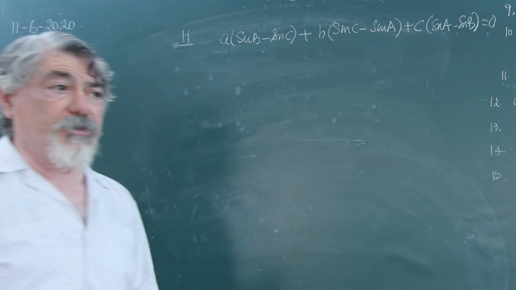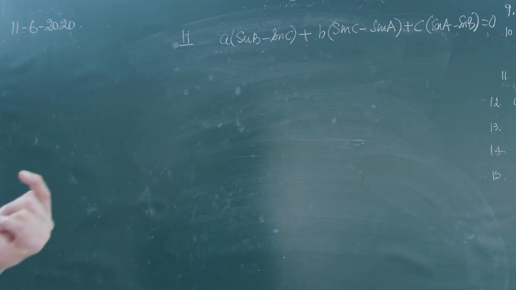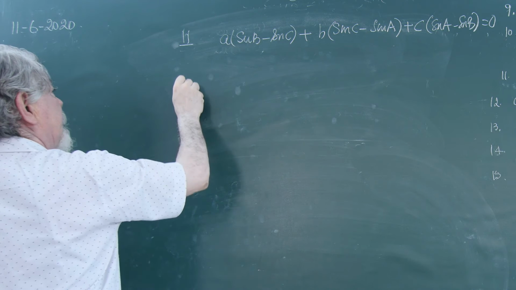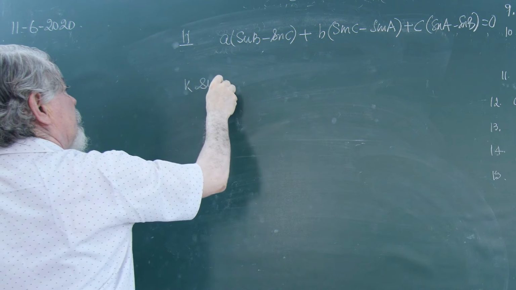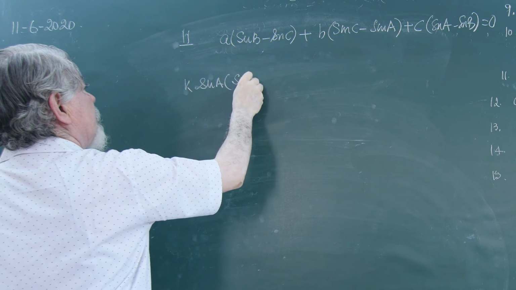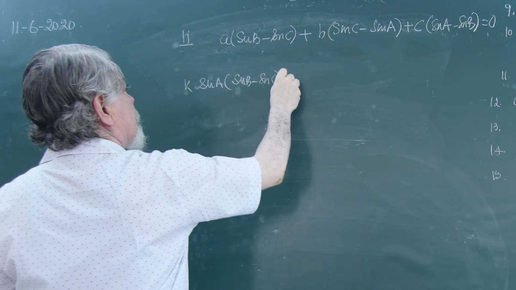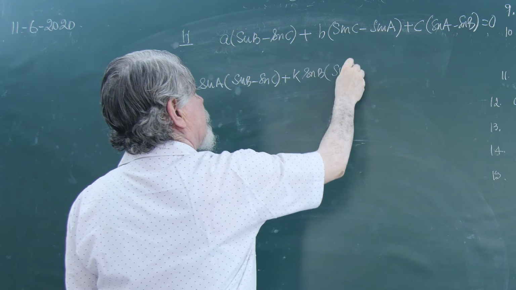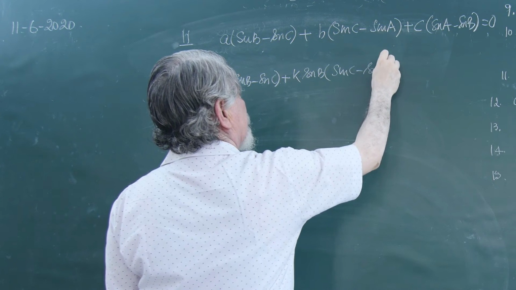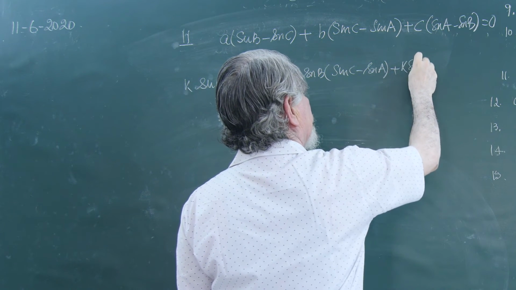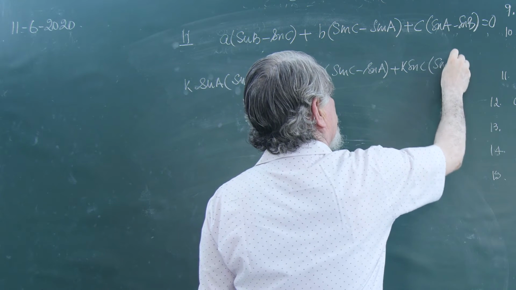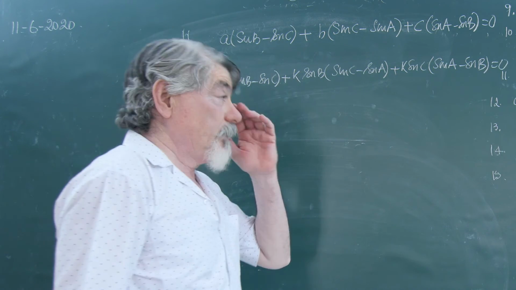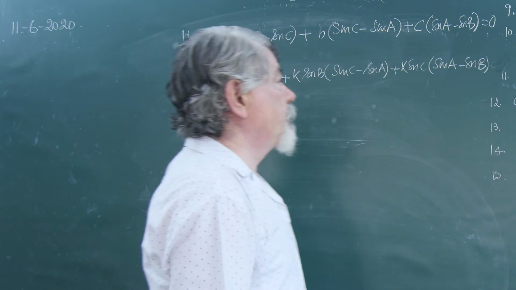Again, A can be replaced by K sine A. This is K sine A (sine B minus sine C) plus K sine B (sine C minus sine A) plus K sine C (sine A minus sine B) is equal to 0. We have to prove it equal to 0.